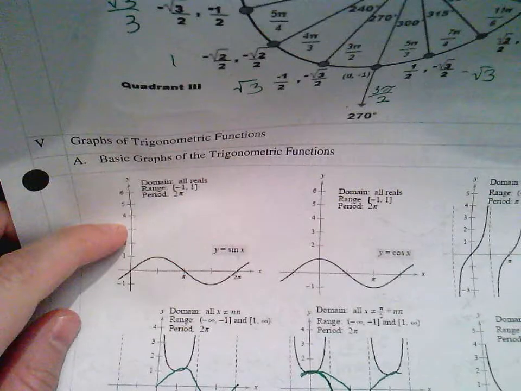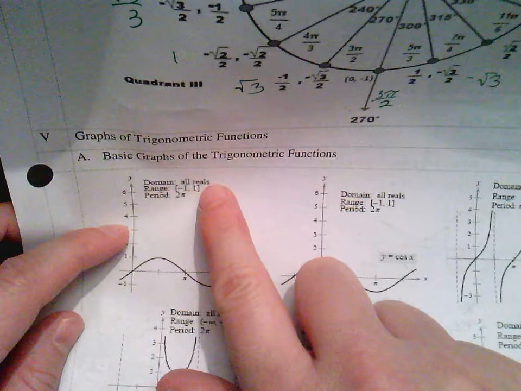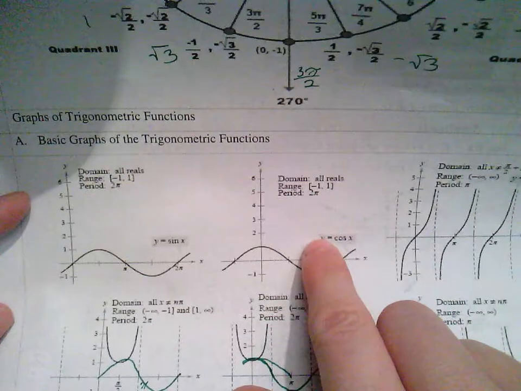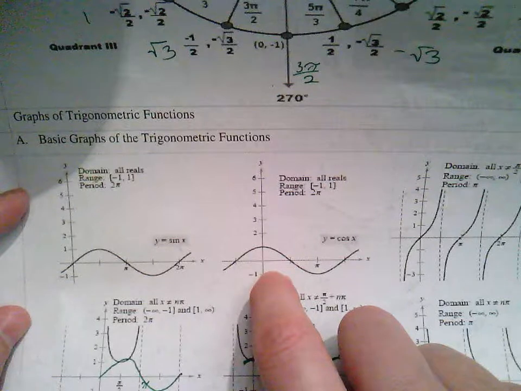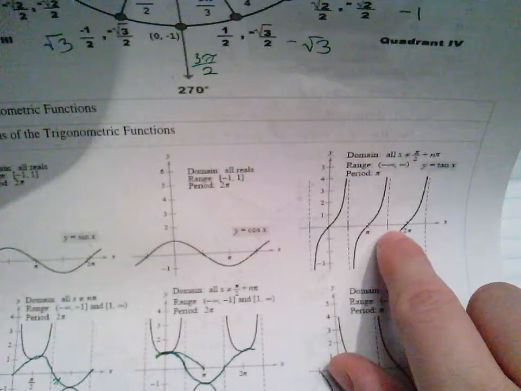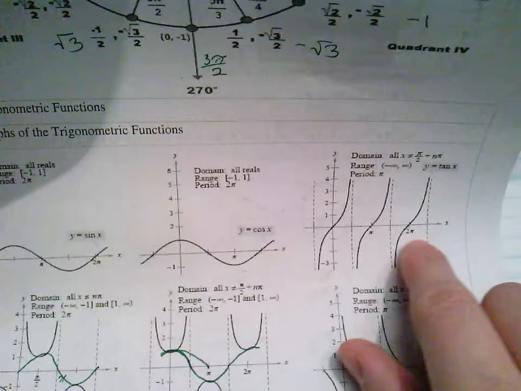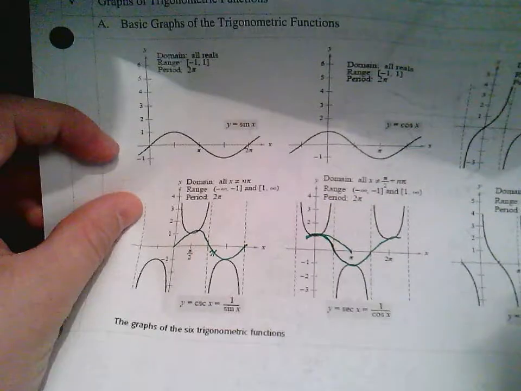Okay, so here's sine, it starts right here. There's cosine, so the only difference is it's just a movement to the left, pi over 2 units. Here's tangent. I went ahead and drew in the sine graph here, but if that wasn't there, it would look like this.